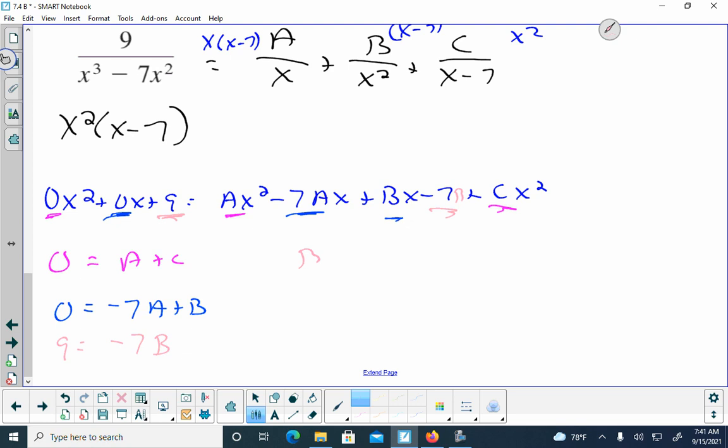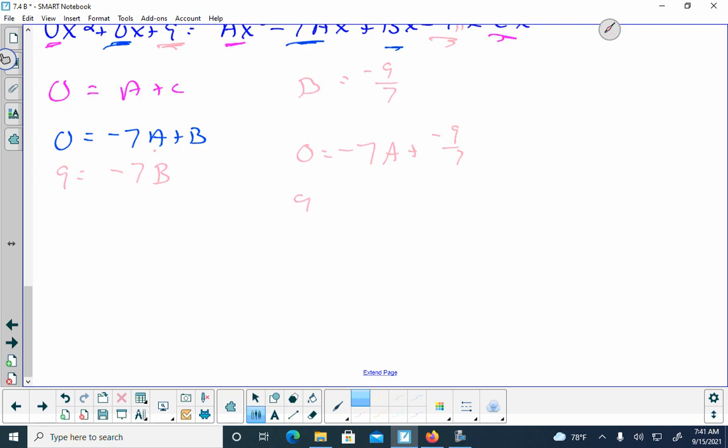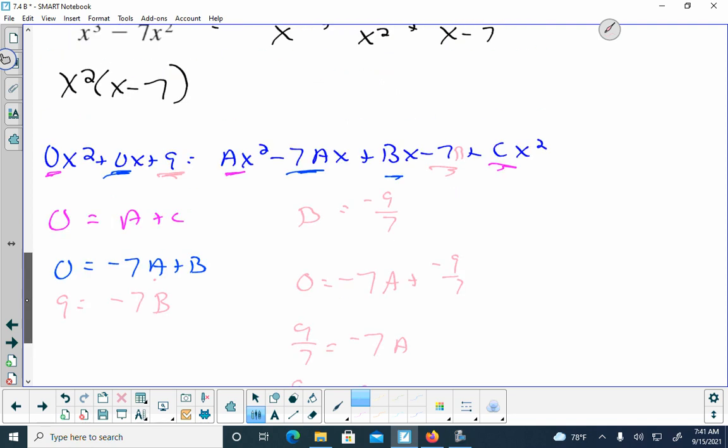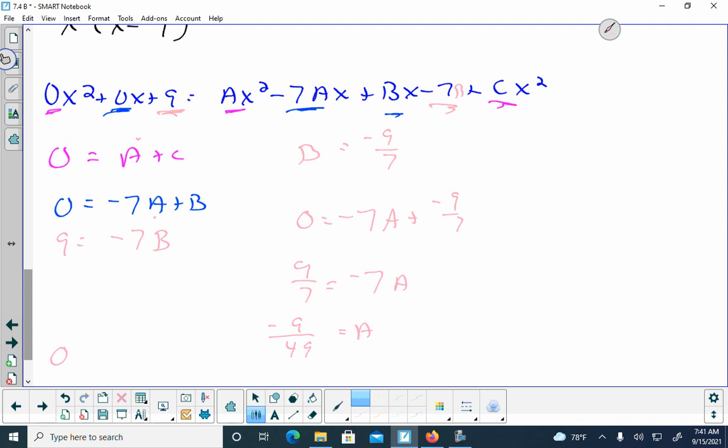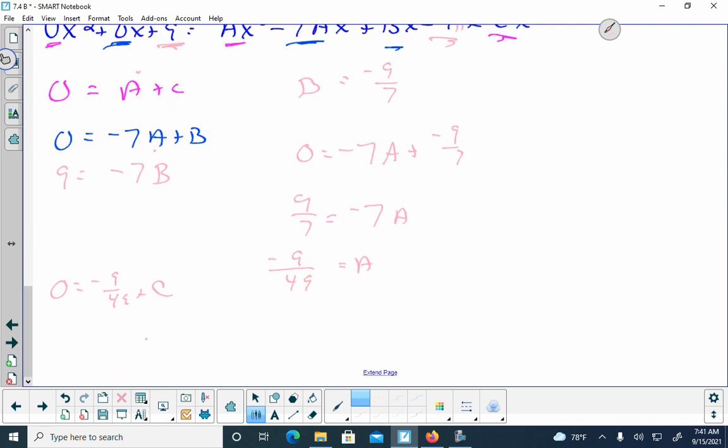So that means that b will equal negative 9/7. Putting that in here, I'm going to have 0 is equal to negative 7a plus negative 9/7. So 9/7 is equal to negative 7a. A is equal to negative 9 over 49. And then lastly, I'm going to put that into this equation and have 0 is equal to negative 9 over 49 plus c, and c will equal 9/49.